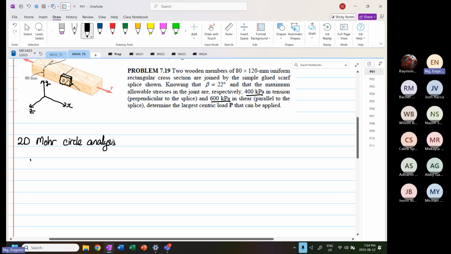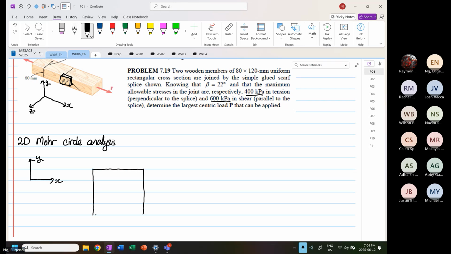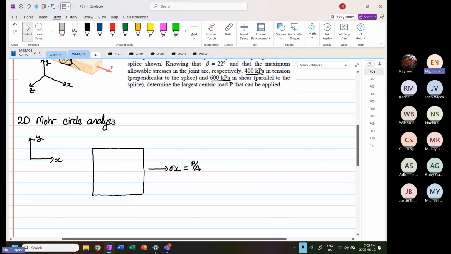So when we do that, this is our X, this is our Y. So over here is our element, and we are aware that over here we have a stress X, and we know that stress X is equal to P/A. So over here is when the element is basically at 0 degrees, as you can see.